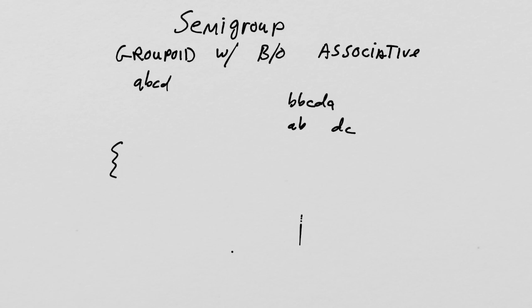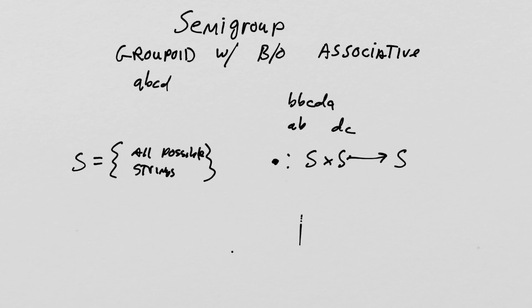And then if we considered the set of all possible strings, then we could make the multiplication operation, let's call this the set S, S Cartesian S to S. We need that because a semigroup is a groupoid, and a groupoid must have a closed operation which we're calling multiplication.